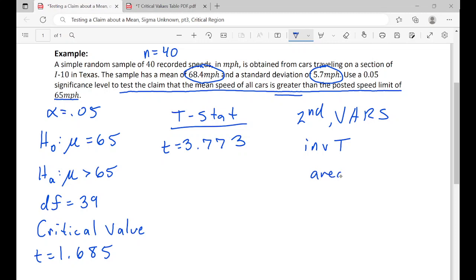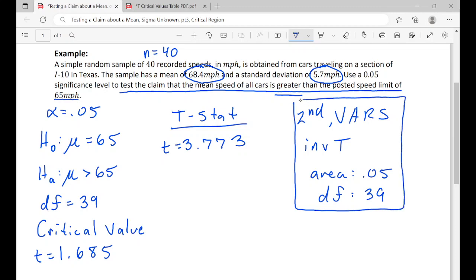For area, you would select 0.05, and then for degrees of freedom, you would select 39. It's going to come out as a negative number, but since our hypothesis is right-tailed, you would just change it from a negative to a positive number. If you have a TI-84, just follow these steps and you would get the same critical value here.